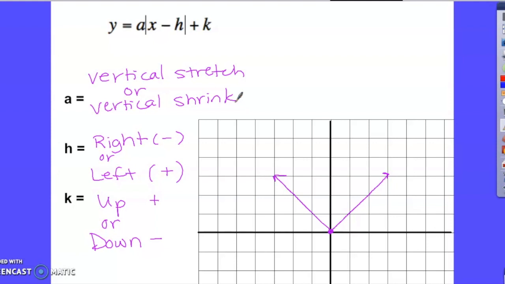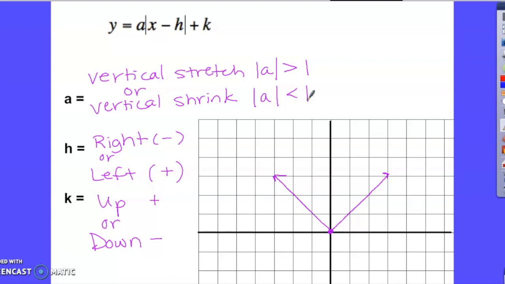So basically we're saying the absolute value of whatever a is, and we're going to compare that to 1. So if the number part of what's in front of the brackets is bigger than 1, it's going to be a stretch. If it's less than 1, it's going to be a shrink. And we'll look at that in our examples.